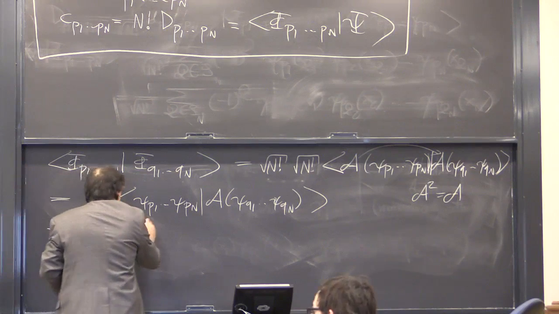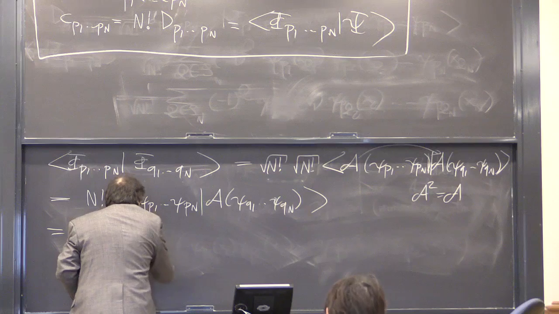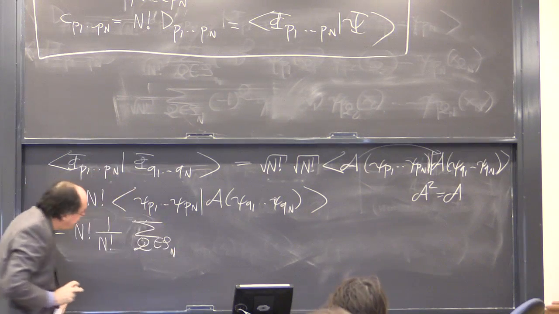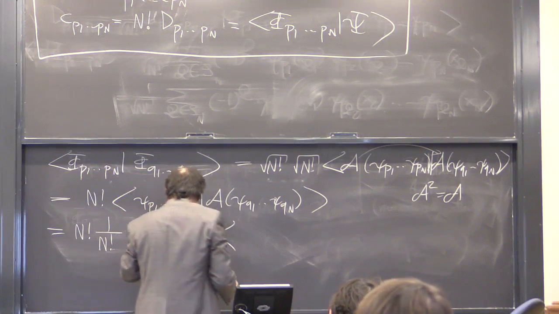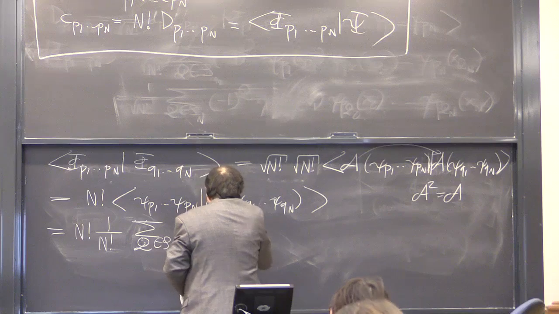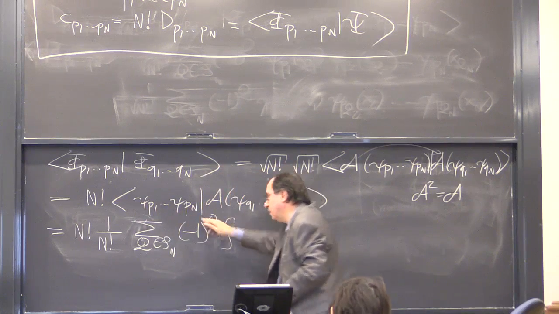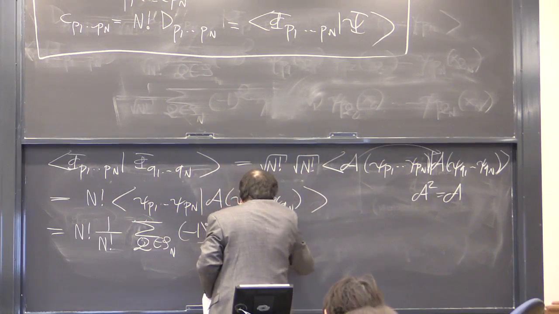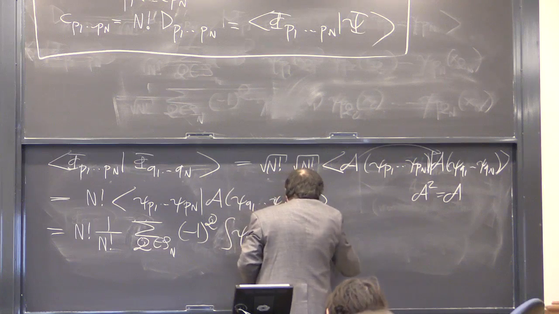Then we'll have a summation over all the permutations in our group of permutations of n indices, a sign of a permutation, and then we'll have simply, I write it explicitly, here we have a product of n spin orbitals, so it's going to be psi p1 star x1 up to psi pn star xn.